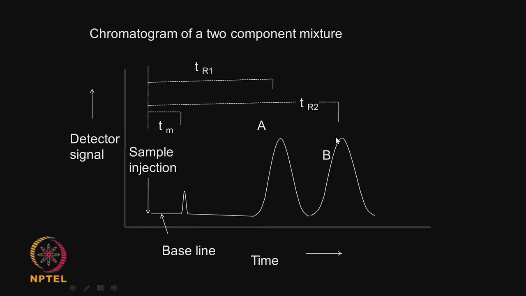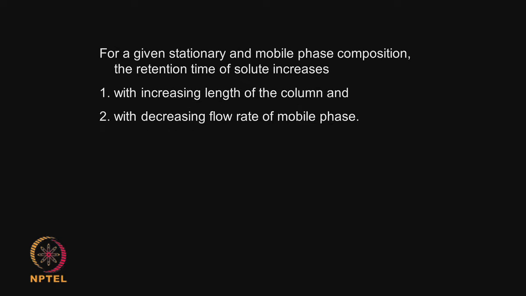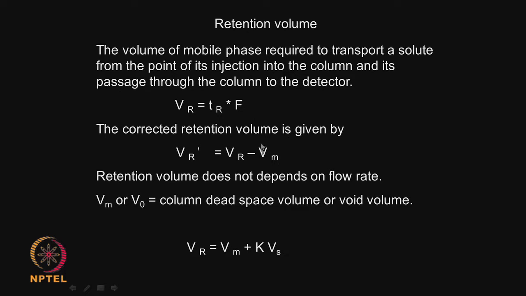So, to correct the actual retention time, you need to subtract this Tm from it. Similarly, if you want to know the actual retention volume, you have to subtract Vm. Okay. So, Vm is the column dead space or void volume, as you can see. Remember that. Vm is the column dead space or the void volume.